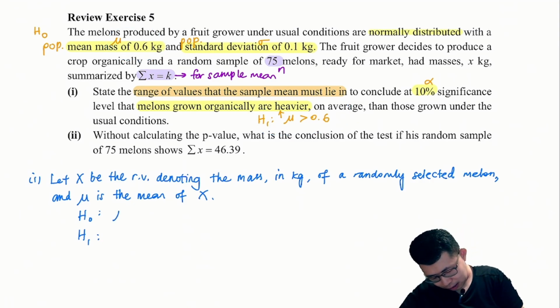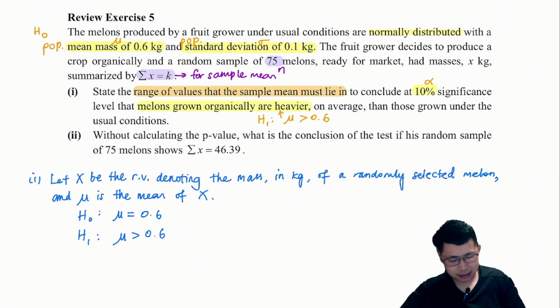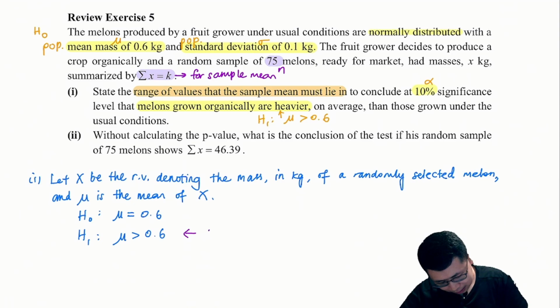The null hypothesis would be mu equals 0.6. The alternative one would be mu greater than 0.6. This is not a claim as such, it is just heavier. And I will mark here that this is our conclusion.